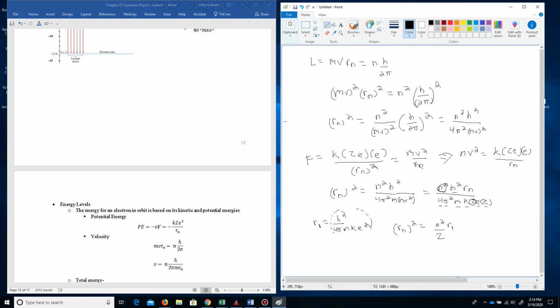Let me write it more formally. So Rn squared equals n squared over Z times the R1.